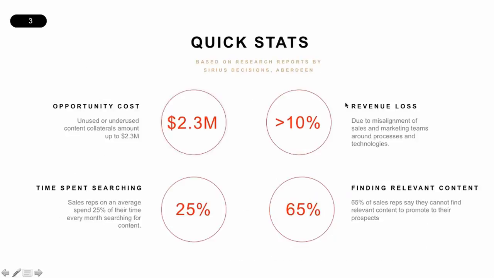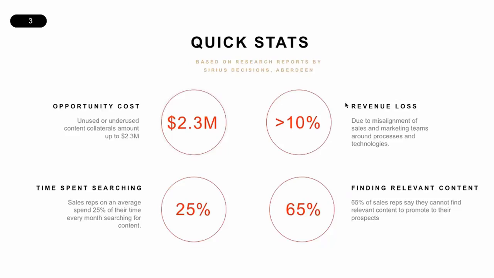So a little bit of quick stats around what's the true opportunity cost, or what are the set of metrics that are causing some of these problems. For example, in terms of time spent searching, sales reps spend on average about 25% of their time every month searching for collateral.